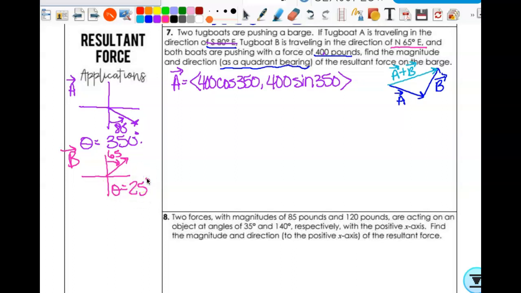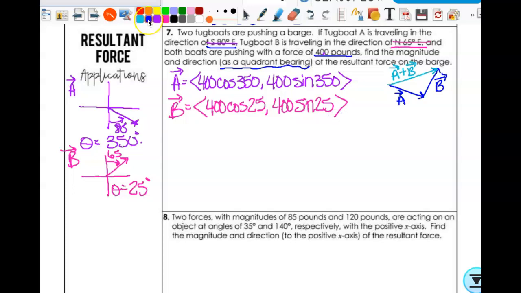Okay. All right, so for vector B, I have 400 pounds times the cosine of 25 and 400 pounds times the sine of 25.